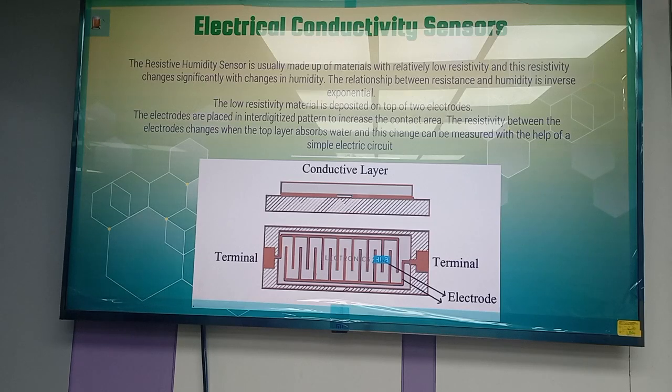The low resistivity material is deposited on top of two electrodes. The resistance between the electrodes changes when the top layer absorbs water, and this change can be measured with the help of a simple circuit, and the circuit is shown here. Here we have electric plates and terminals for measuring the humidity.